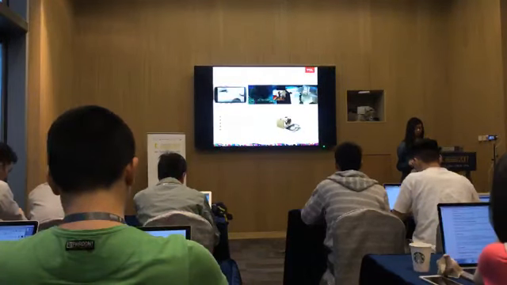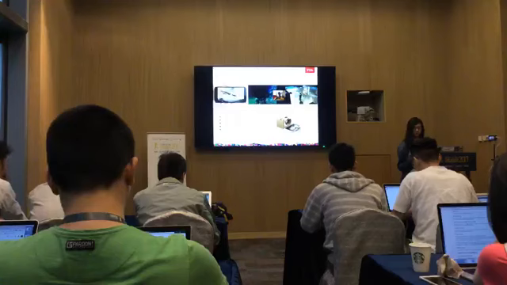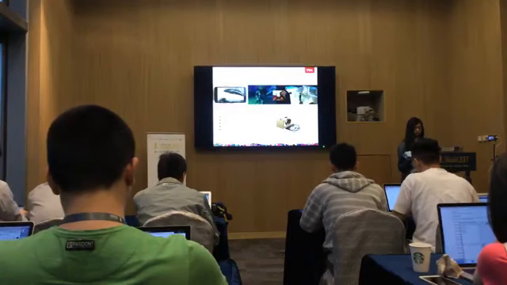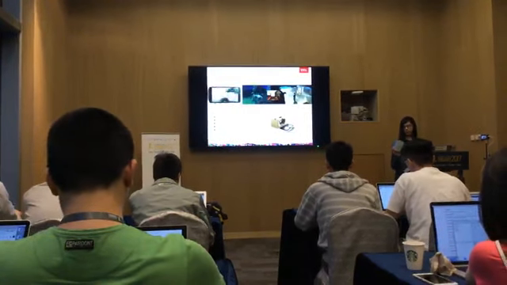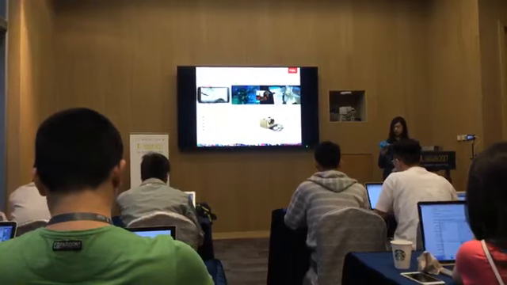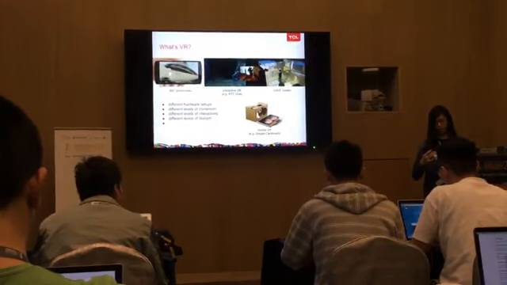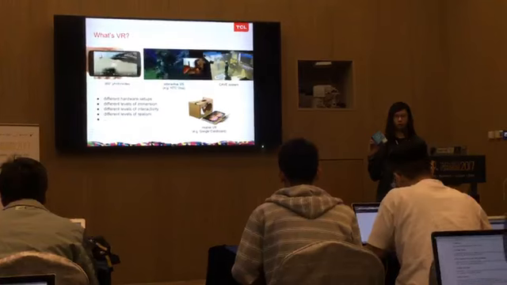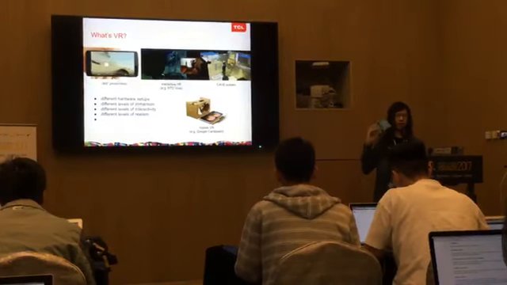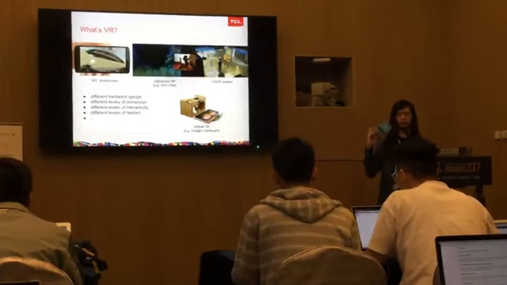For WebVR, we are mostly targeting the Google Cardboard, where there are two lenses that let you see the virtual environment. With the Cardboard you rotate your head and see things from different angles.